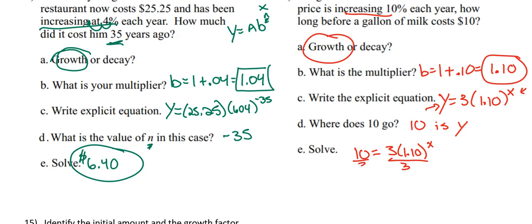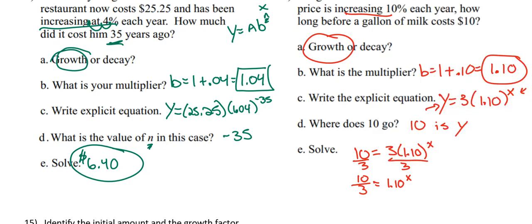Divide by 3. So now I have 10 thirds equals 1.10 to the x. Now, no, this is not a situation where you're going to be guessing and checking. At this point, if we have an exponent that we're trying to solve for, that's the purpose of the logs. That's where that stuff comes in.